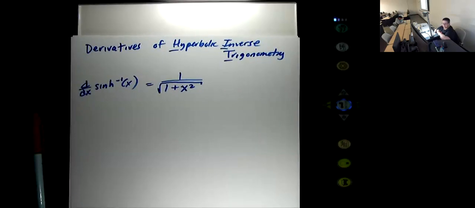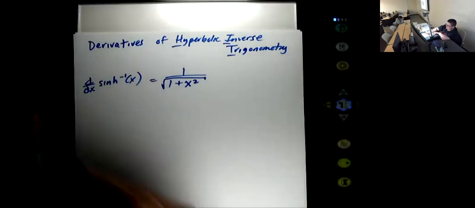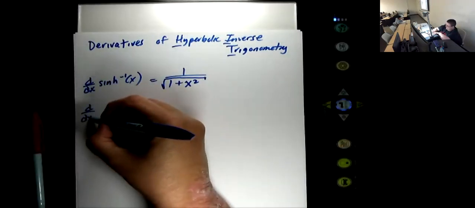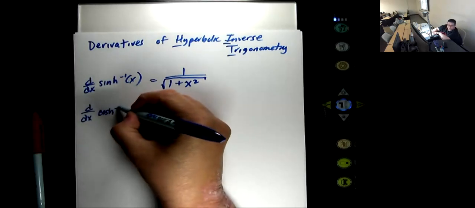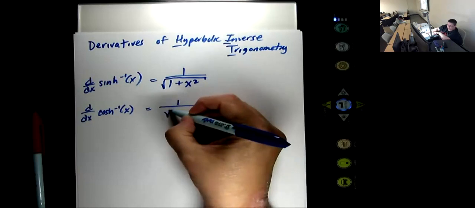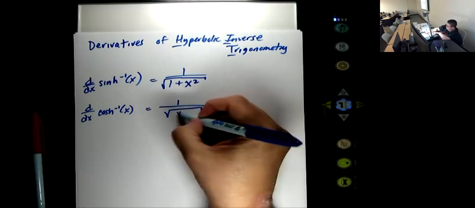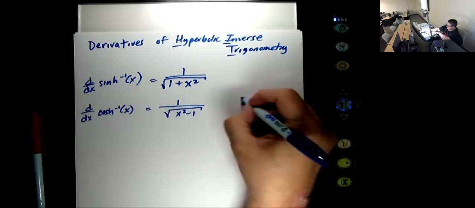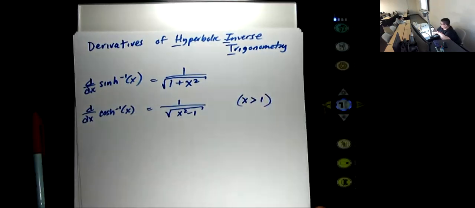Because you don't need to know the other things to use these derivatives. So these are actually just flashcardable. The derivative of hyperbolic cosine inverse is 1 over the square root of x squared minus 1. But x has to be greater than 1. We have that domain restriction.